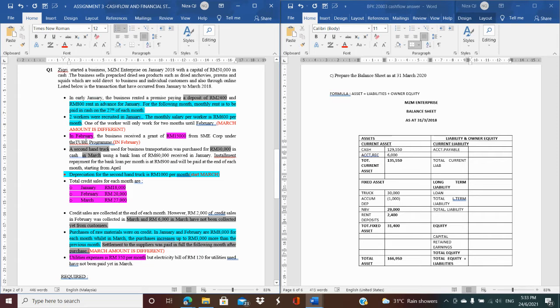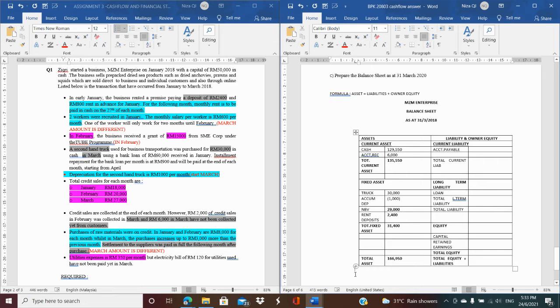So what is the amount of the purchase for March? Here it said that for March the purchase will increase up to 3,000. So you have to calculate for March, it will be 3,000 plus 8,000. So in your calculation, the accounts payable will be 11,000.